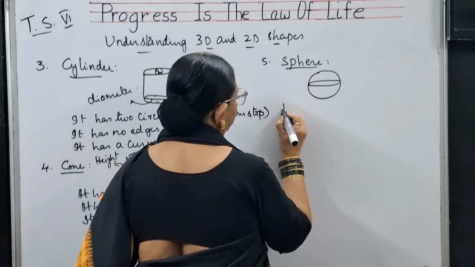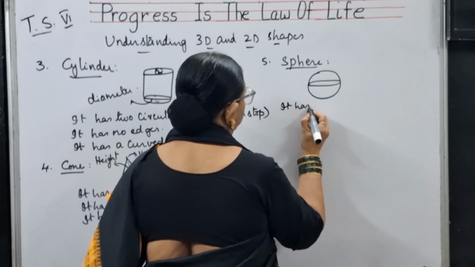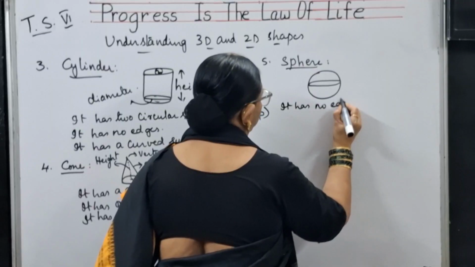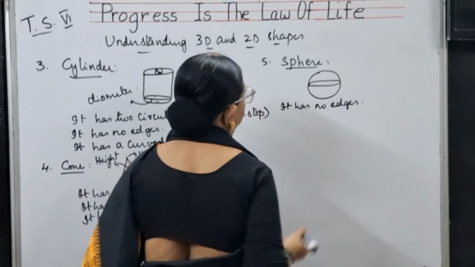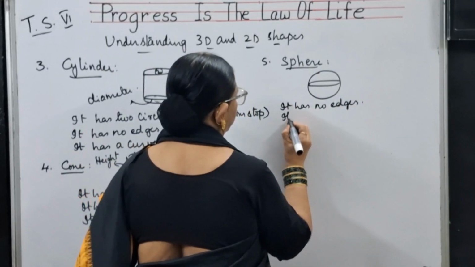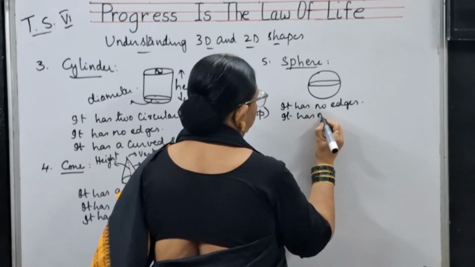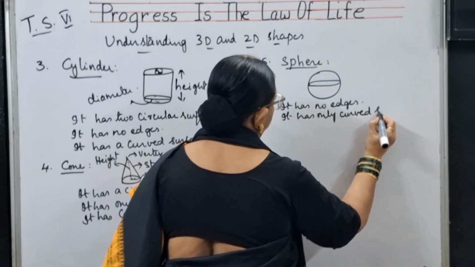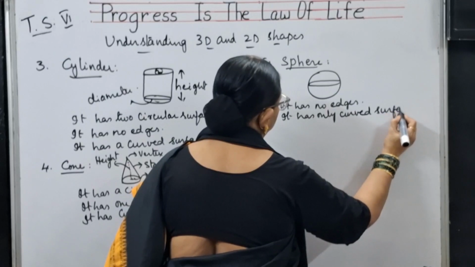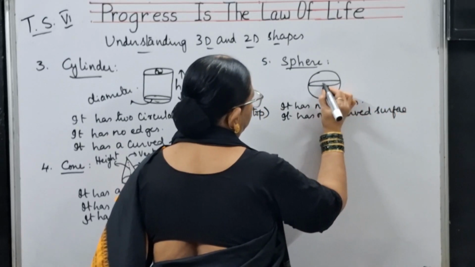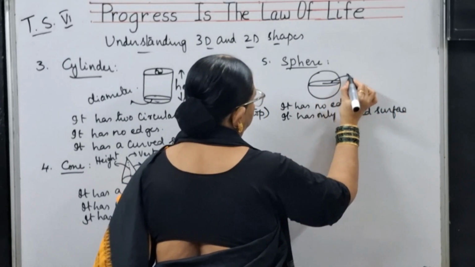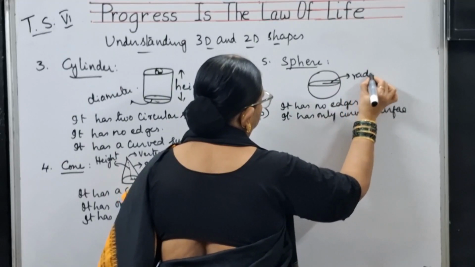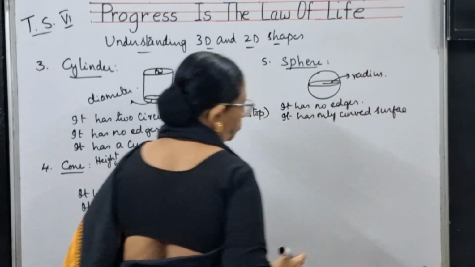It has no edges. It has only one curved surface. From the center, if you draw, this is considered the radius of the sphere.